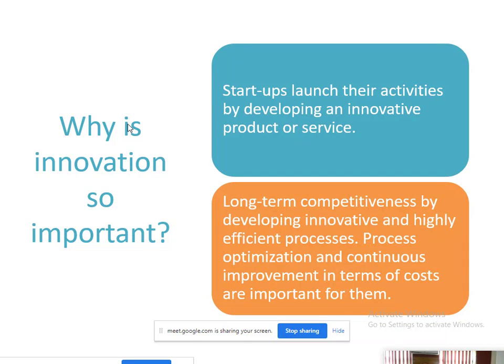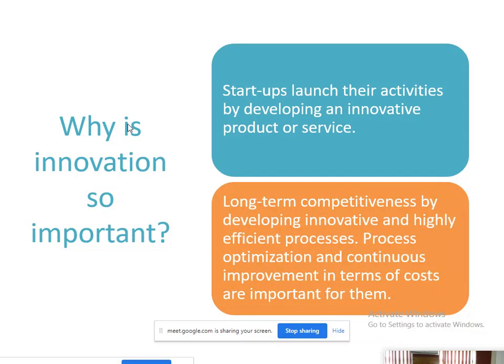To maintain your product in current trends, you must be up to date. That's why nowadays so many startup companies launch their activities by developing innovative products or services, and this should be long term.